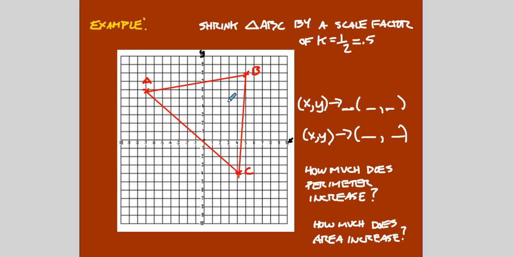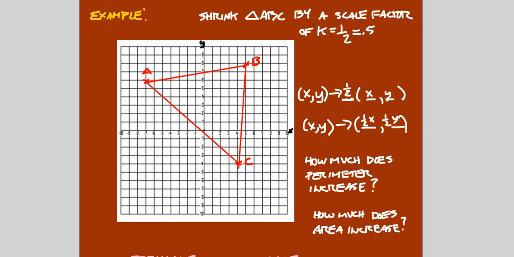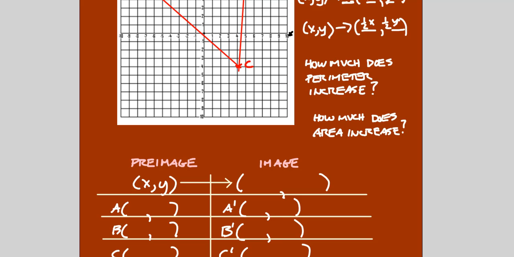The image will be smaller than the pre-image because k is a number between 0 and 1. Anytime you multiply by a number less than 1, I'm talking about positive numbers between 0 and 1, you're going to get a smaller number than you started with. So our rule here is going to be x, y becomes 1/2 of x, y, or x, y becomes 1/2 x, 1/2 y.